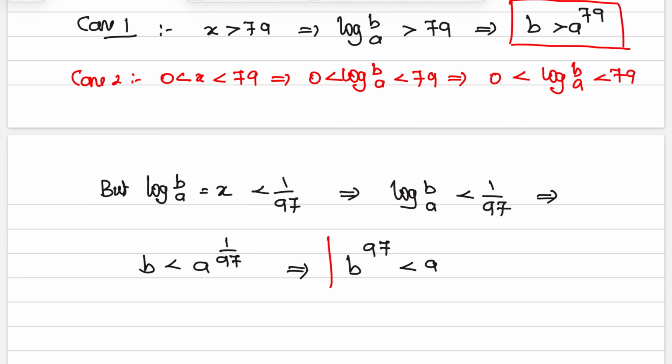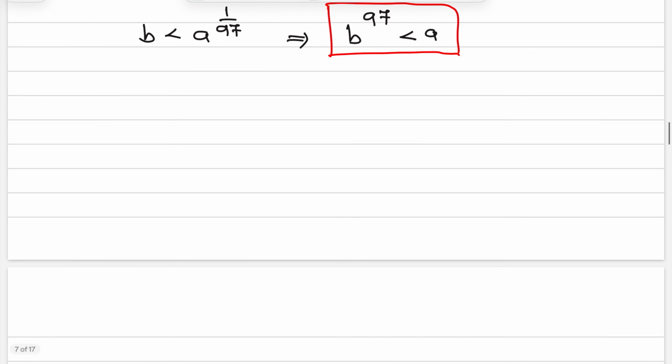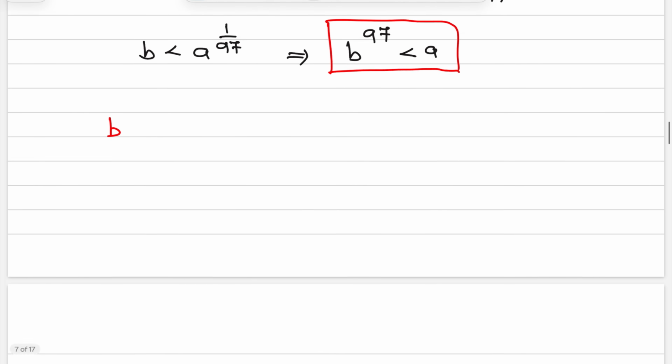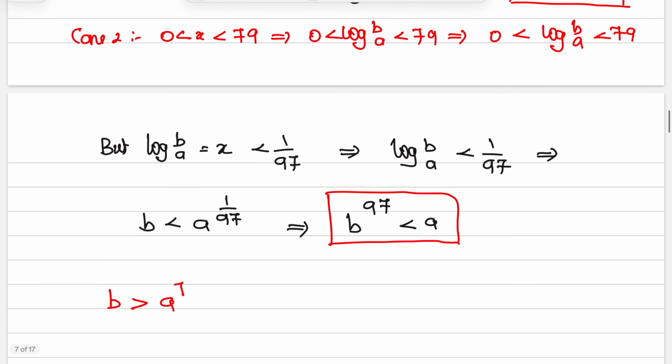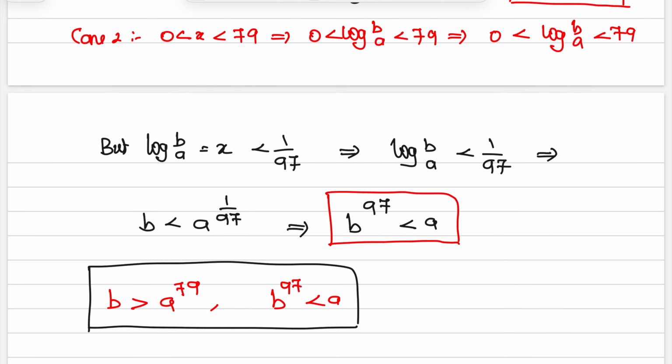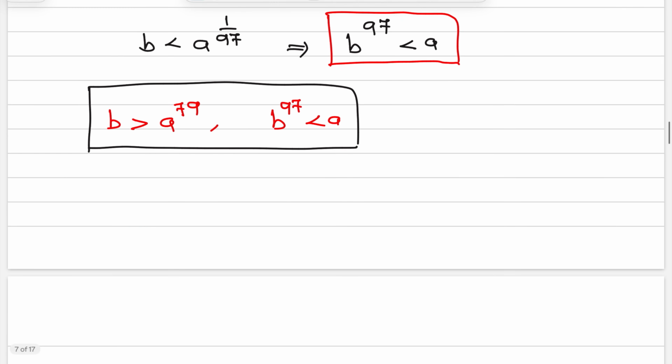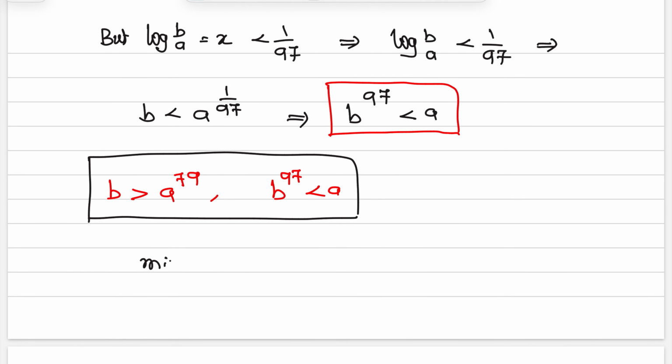That means what are the two values what we have got here? One is b is greater than a to the power of 79, and b to the power of 97 should be less than a. From these two conditions, we have to find out the minimum value of a plus b.